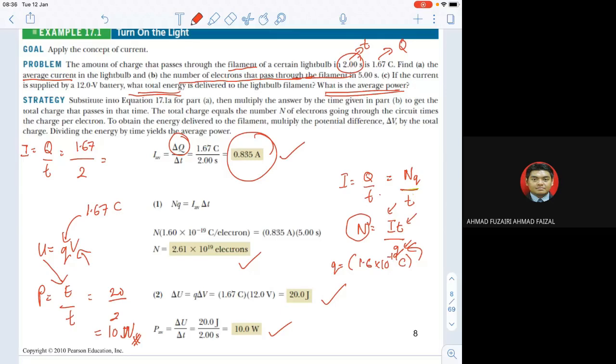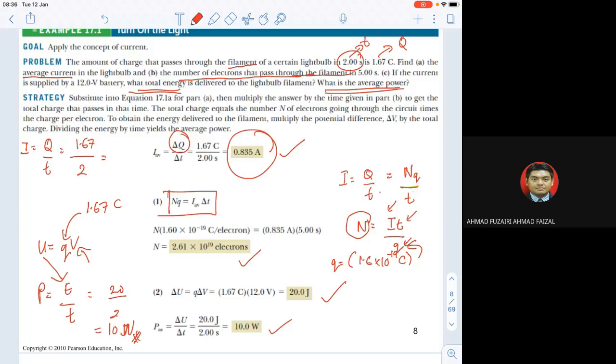Please redo these, and focus on questions where they have a lot of things to cover inside the question itself. A lot of things can be understood from this part. First, electric current is equivalent to Q over T. And electric current is also equivalent to nq over t: I equals nq over t.